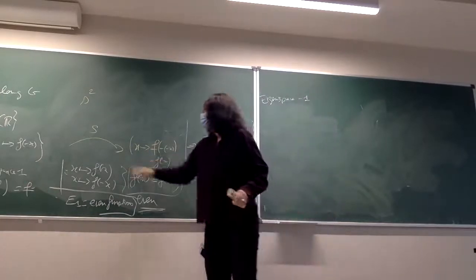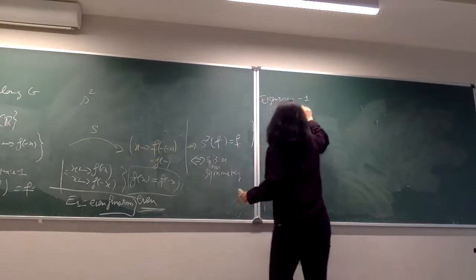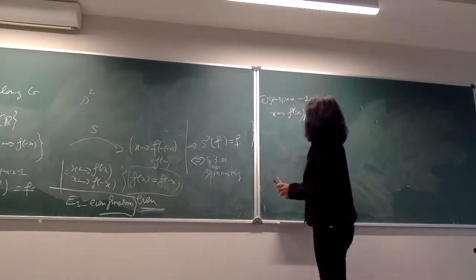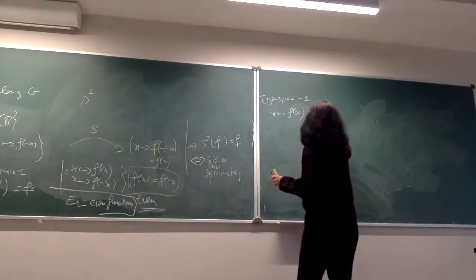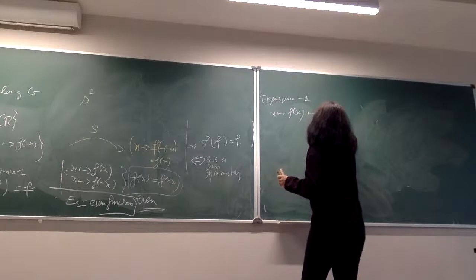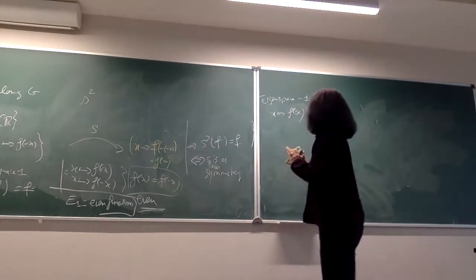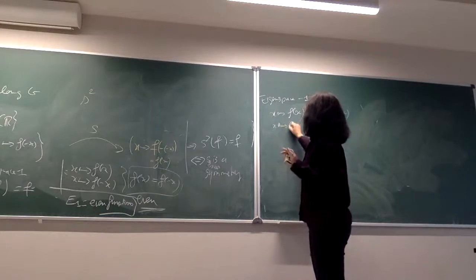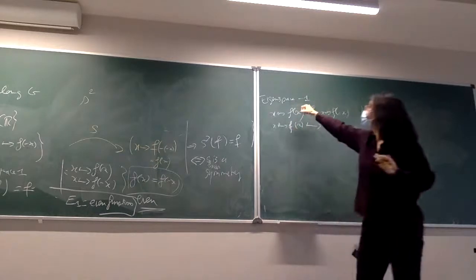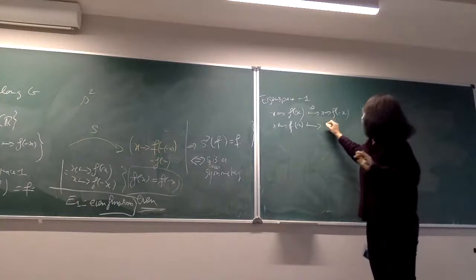You start with x giving you f of x. When you apply S in general, x gives you f of minus x. But for your function that corresponds to eigenvalue -1, what should we get? Minus.